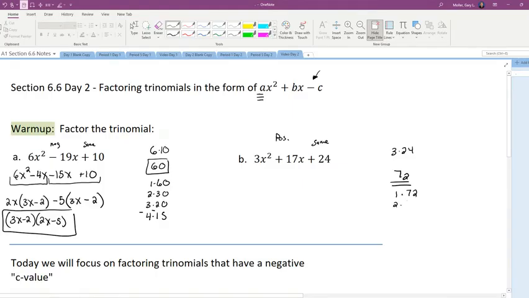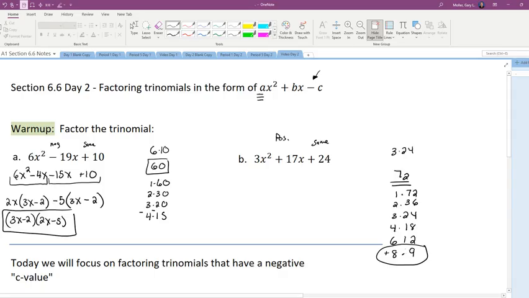2 times 36, 3 times 24, 4 times 18, 6 and 12, that's almost right, that's 18. 7, probably not. 8 times 9, 8 and 9 make 17.